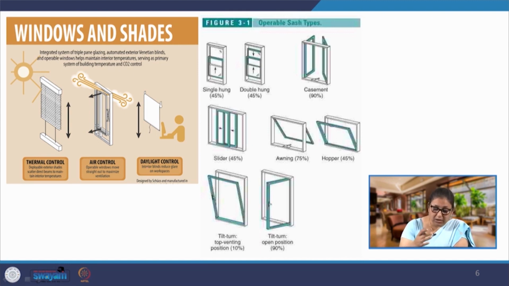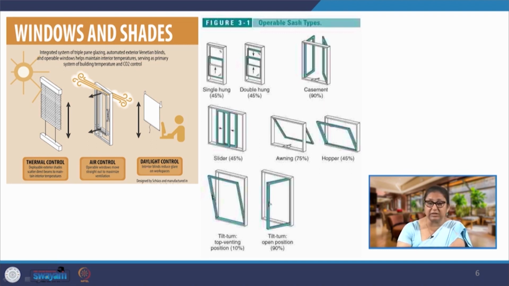Now, what is happening in today's times is that more and more of these commercial buildings are centrally air conditioned, and for operational limitations, where they cannot provide operational controls to individuals, manual controls are restricted.